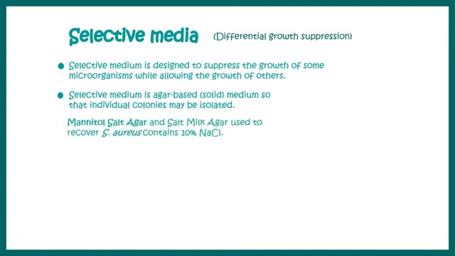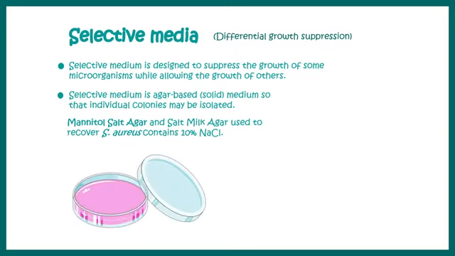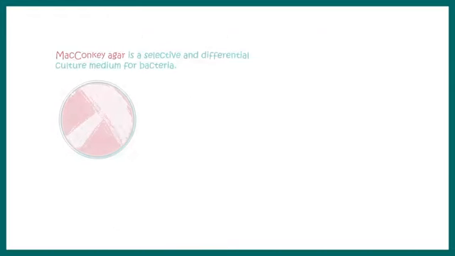Mannitol salt agar, salt milk agar, etc. are used for recovery of specific organisms such as Staphylococcus aureus. Mannitol salt agar has been used to isolate Staphylococcus aureus, and Staphylococcus aureus colonies can ferment mannitol, and thereby they have this characteristic yellow color.